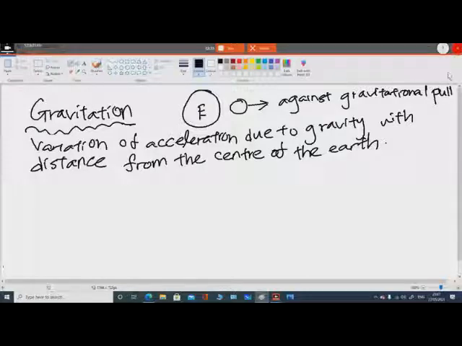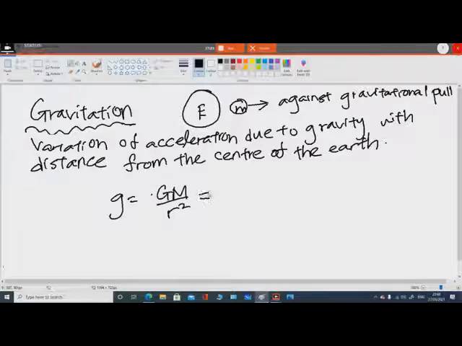We know that our acceleration due to gravity is GM over r squared. This time, when the object m is about to move away from the Earth, the negative sign is not required.